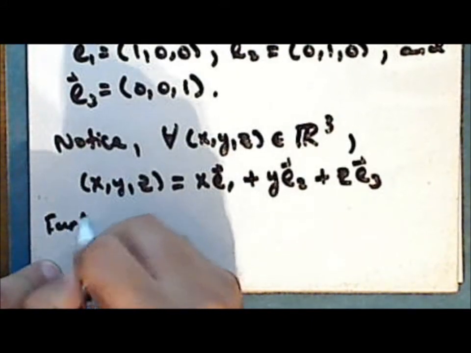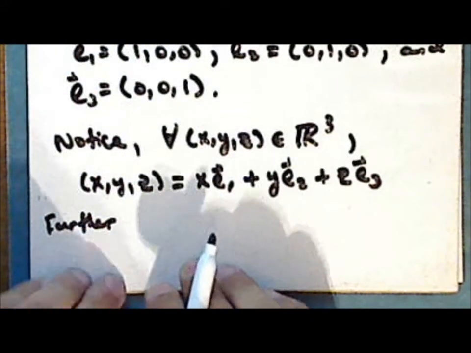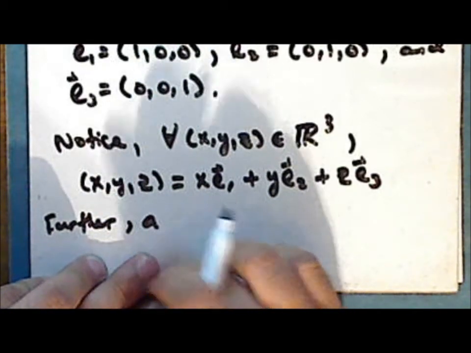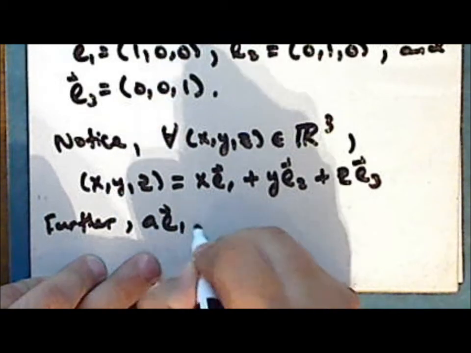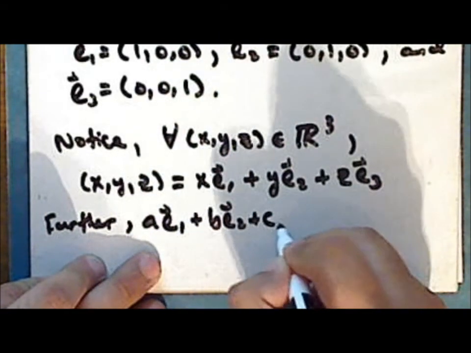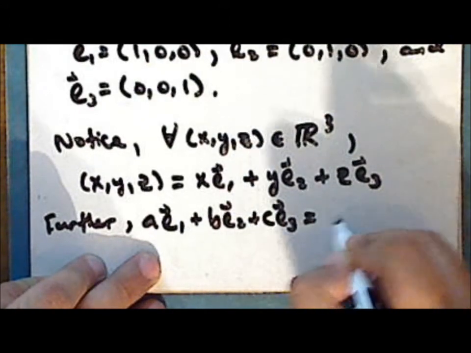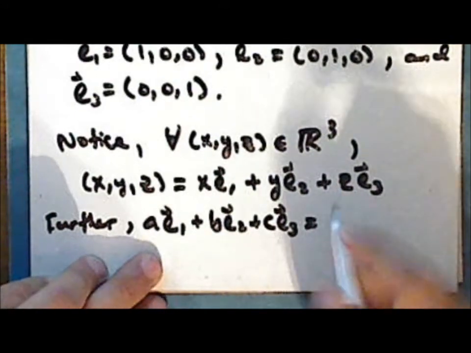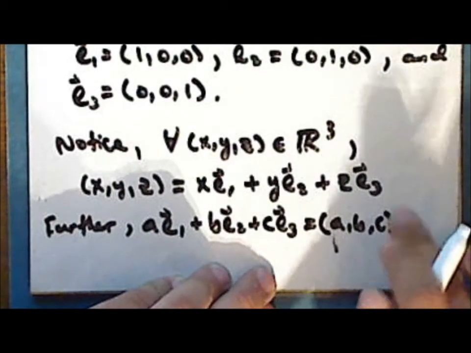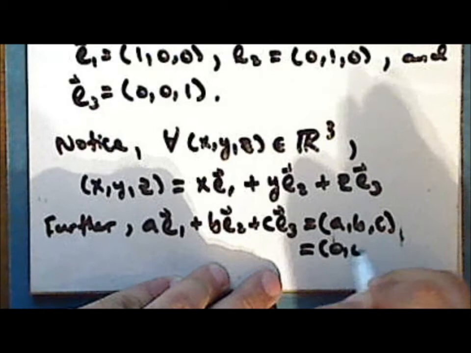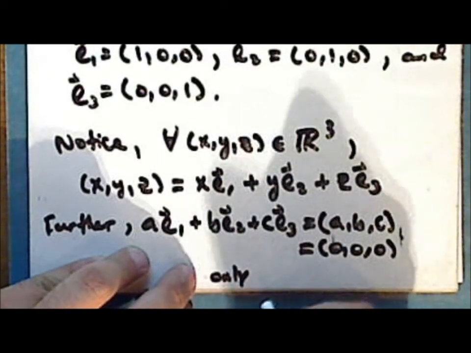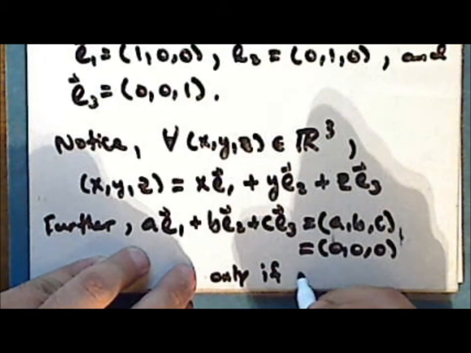And further, a linear combination of these vectors gives the zero vector only if every scalar is 0.